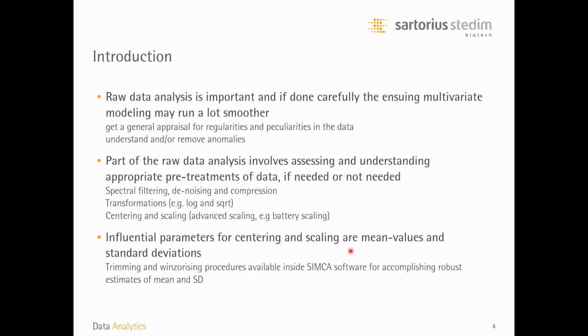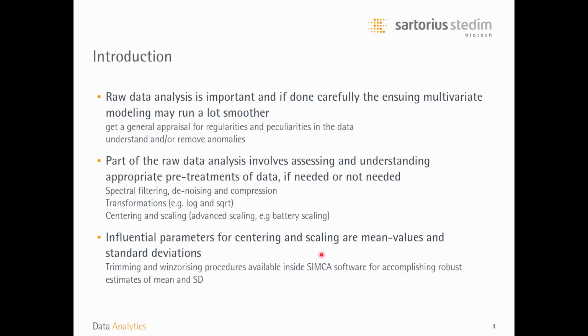It is important that the mean values and standard deviations are representative of the properties and structure of the data, and they should not be influenced or perturbed by outliers or strange or unreasonable measurements. If the standard deviations and mean values are not representative of the data, there is a risk that errors are propagated into the preprocessed data.